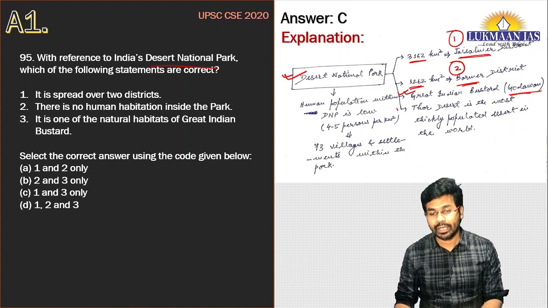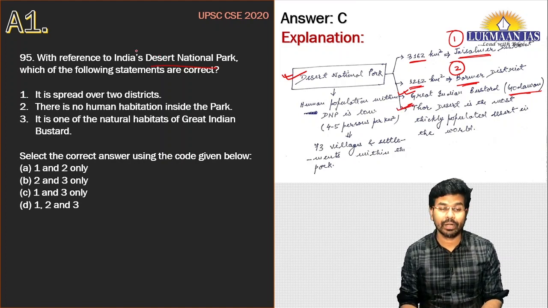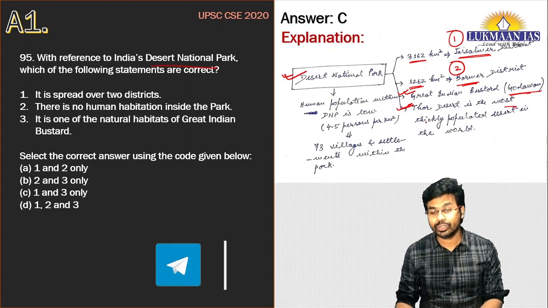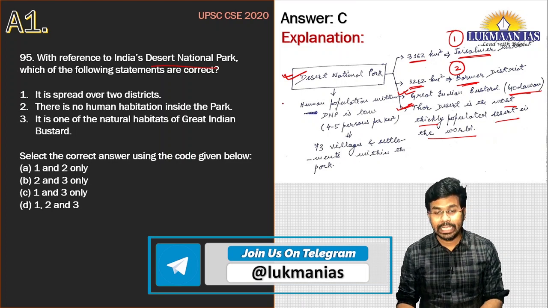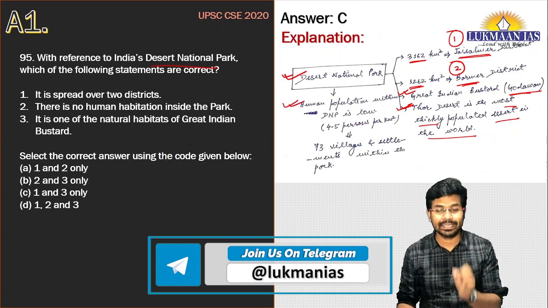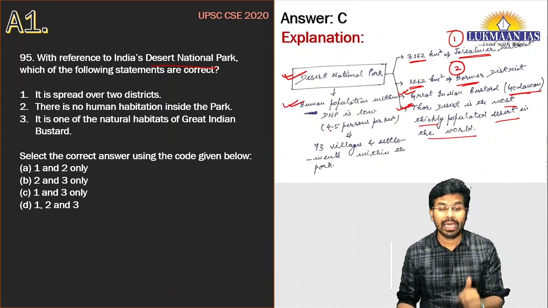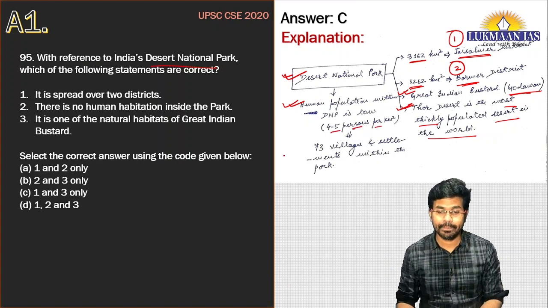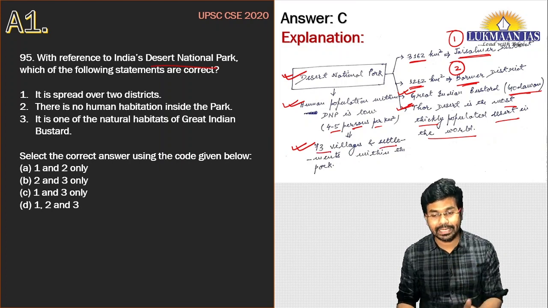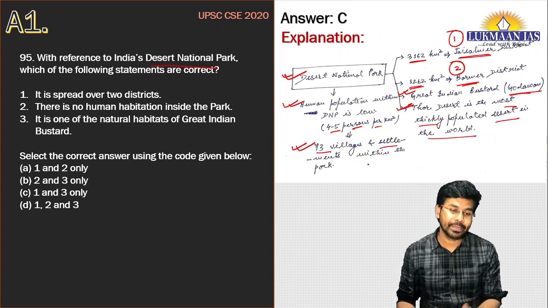Desert National Park is located inside the Thar Desert, and Thar Desert is the most thickly populated desert in the world. Human population within the Desert National Park is very low, around 4 to 5 persons per square kilometer. Inside the park we have 73 villages and settlements.